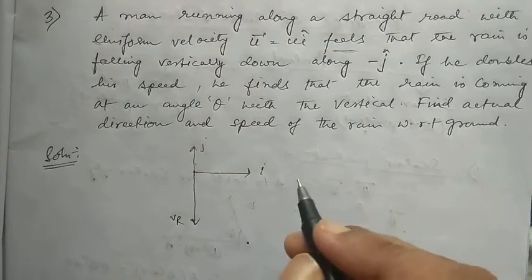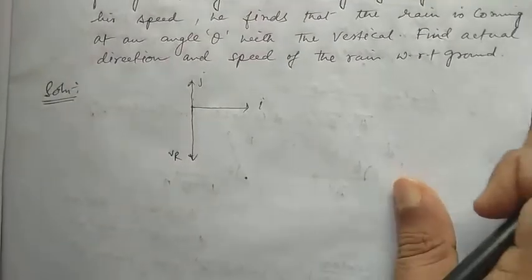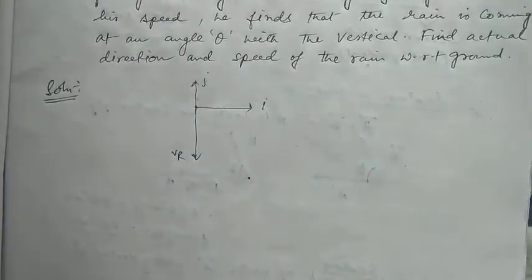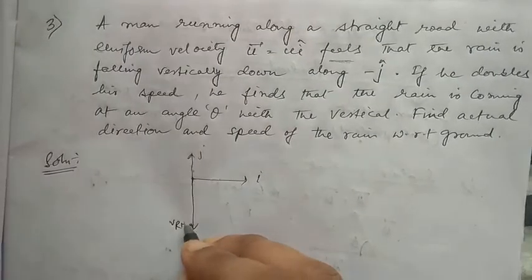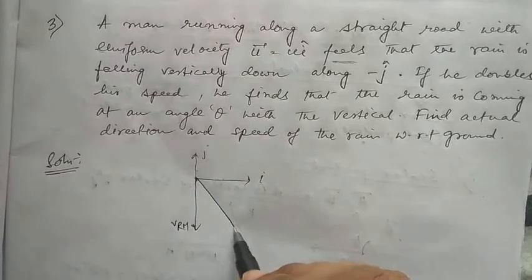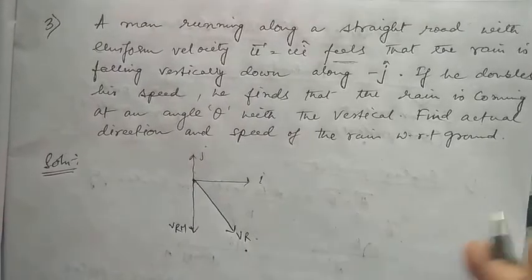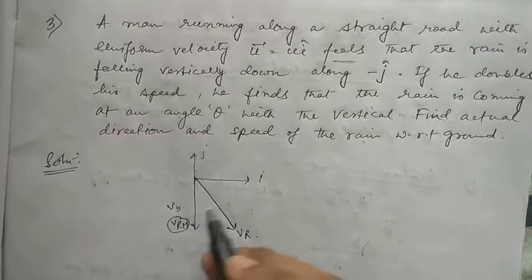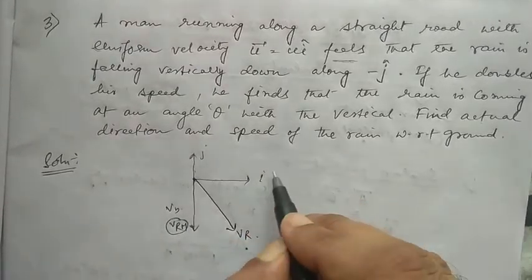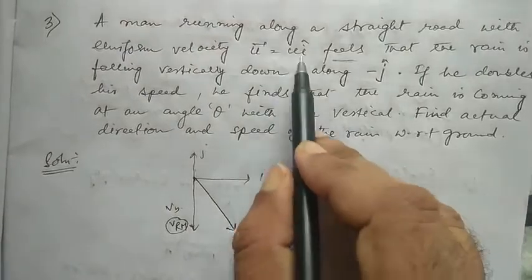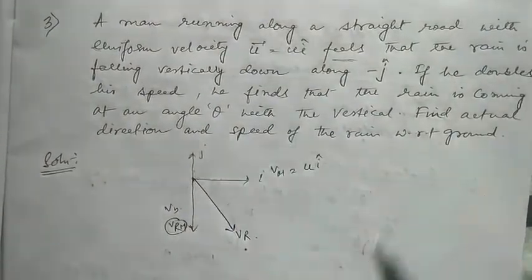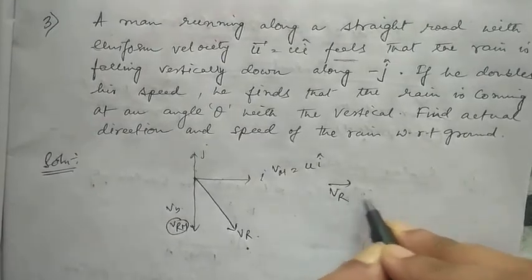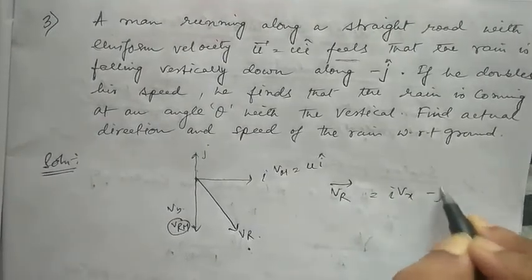The first part, if we try to write the equation, so this is Vrm and this is Vr. Now we denote Vrm as Vy and velocity of man given as u i cap. So Vr is equal to i Vx minus j Vy.